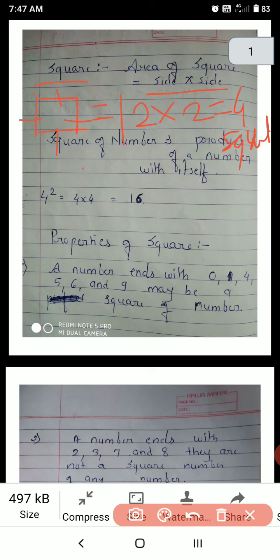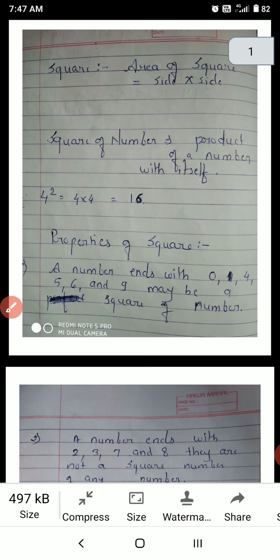From this we can say that the product of a number with itself is known as a square. So now the topic is square of a number.